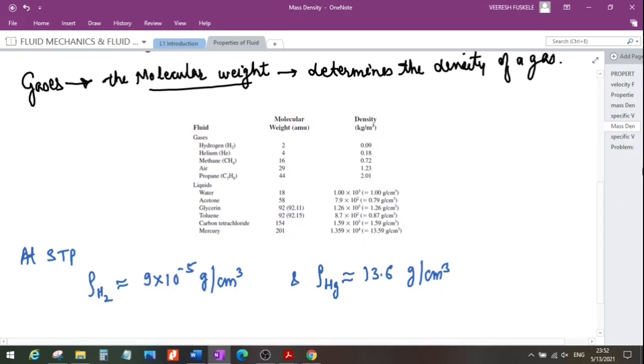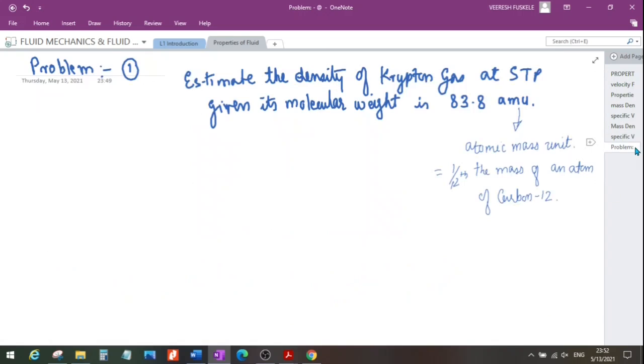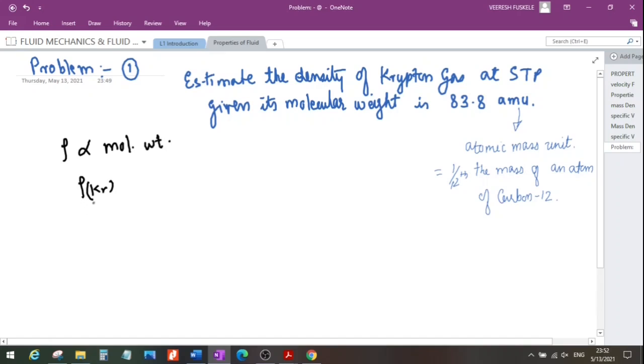As we know, density is proportional to molecular weight. Right? So we can write the density of krypton divided by density of, suppose, helium we take, is equal to molecular weight of krypton divided by molecular weight of helium.